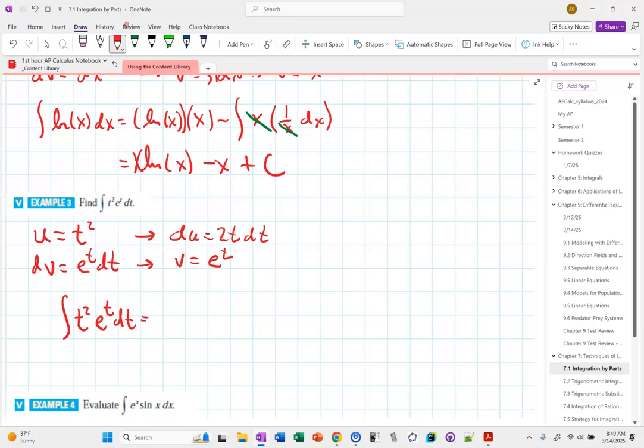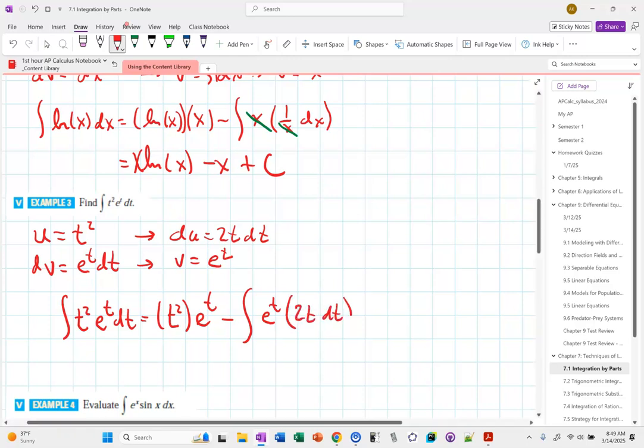So again, my integral is going to be u times v minus the integral of v du. What are we going to do with this?